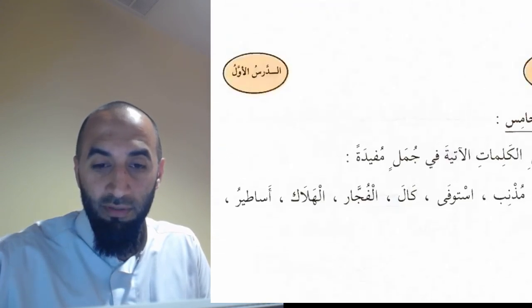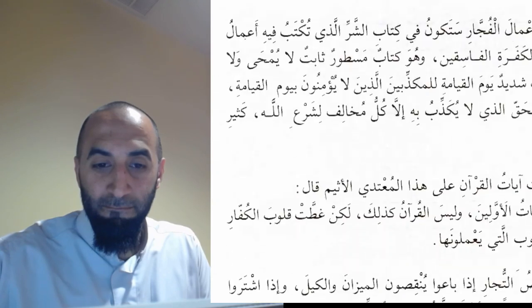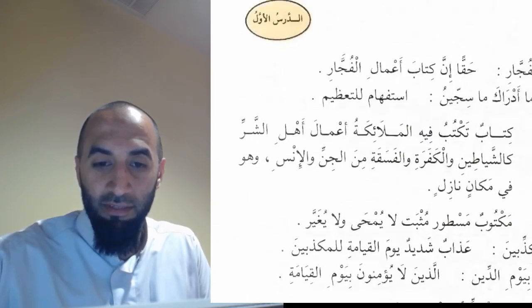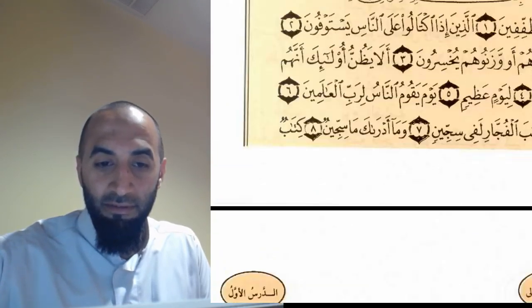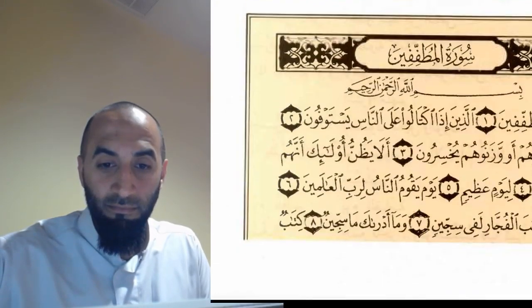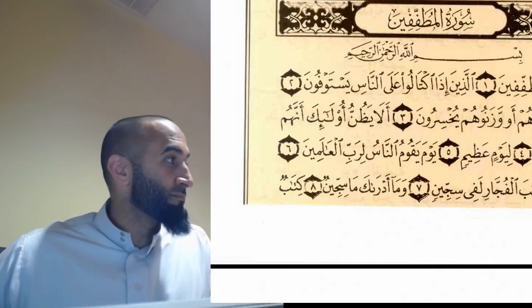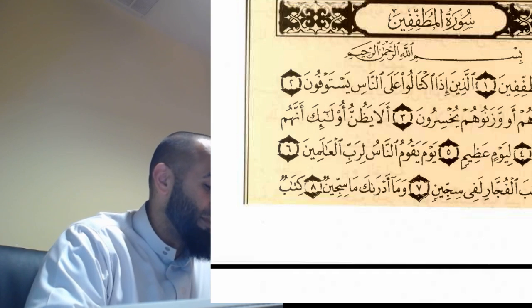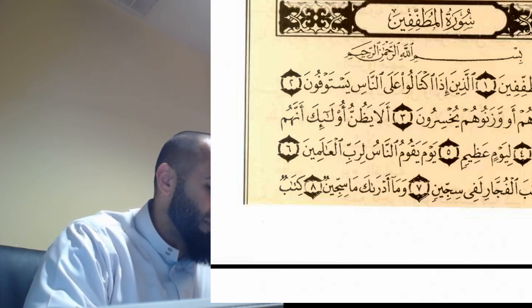Which book is this one? Is this tafsir? Yeah. But you haven't done this yet. Did you do this last year? Tafsir? This is higher up. Oh, mashallah. So let's do this.